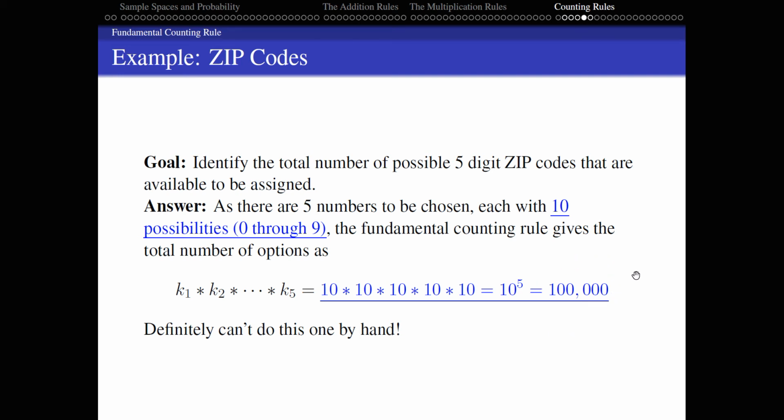So the size of the sample space, the total number of 5-digit zip codes, is 100,000. This is definitely one that you can't draw out by hand, and this illustrates one of the other advantages of using counting rules as opposed to drawing out the sample space or the event space: we can approach problems that we physically couldn't even approach without using this strategy.